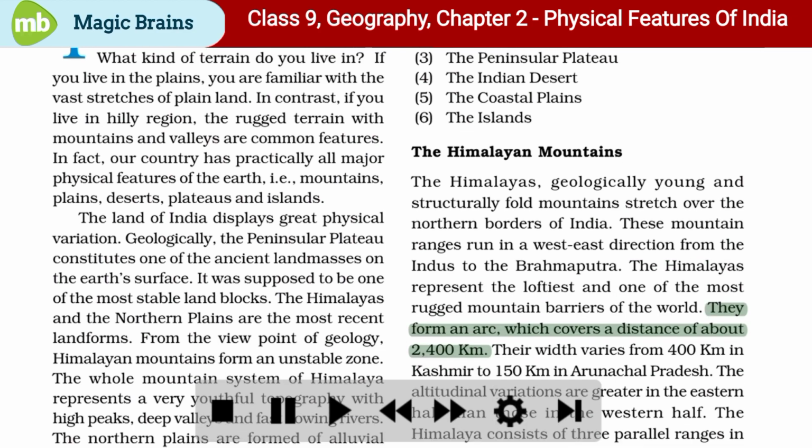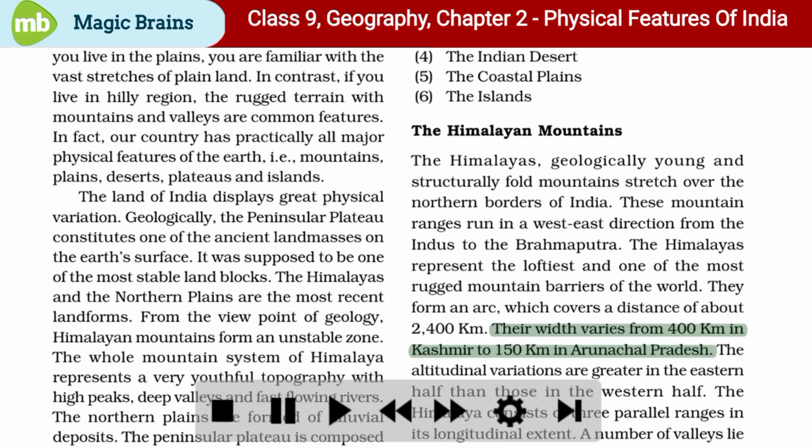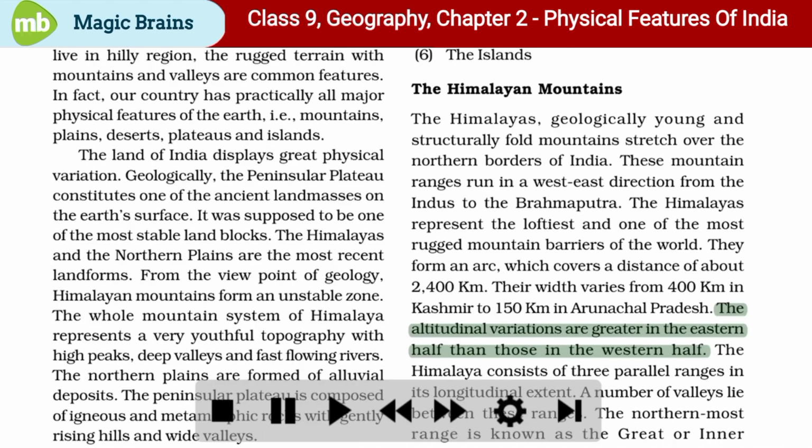They form an arc which covers a distance of about 2,400 kilometers. Their width varies from 400 kilometers in Kashmir to 150 kilometers in Arunachal Pradesh. The altitudinal variations are greater in the eastern half than those in the western half.